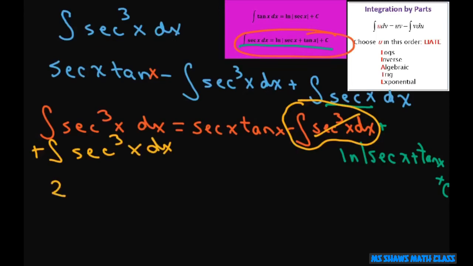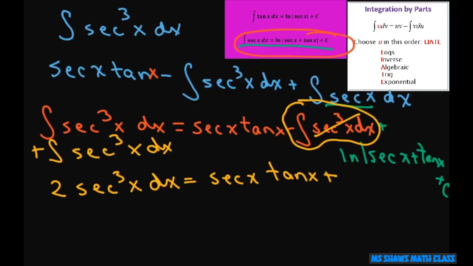And that gives us 2 times the integral of secant cubed x dx equals secant x tan x plus ln of secant x plus tan x plus c.